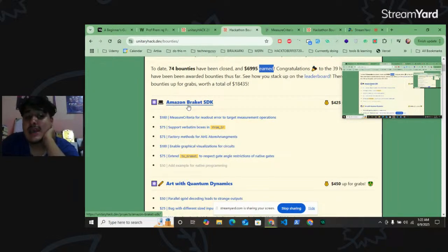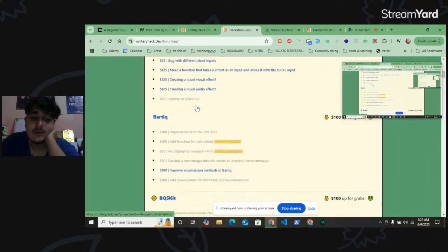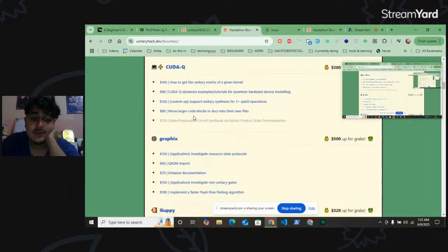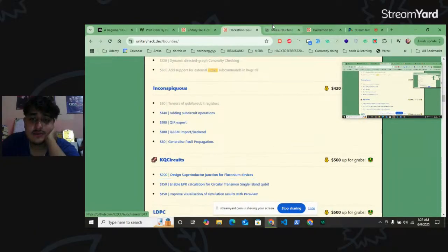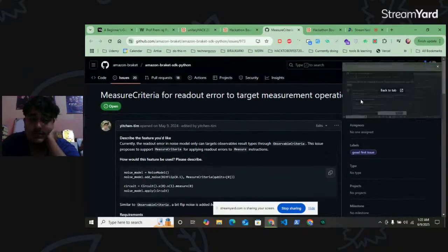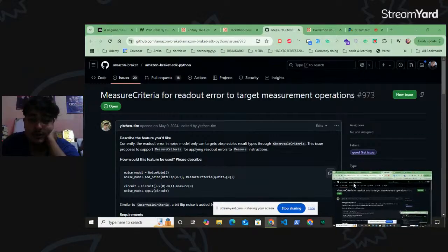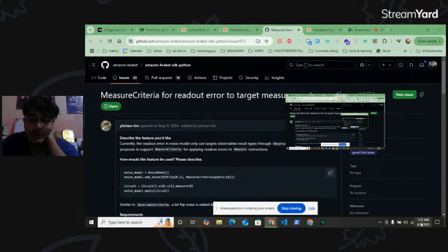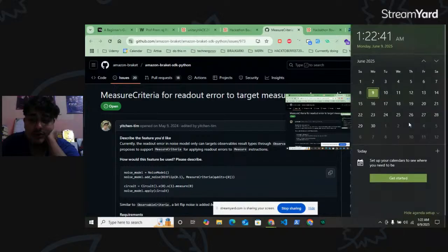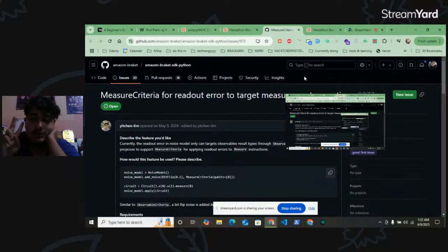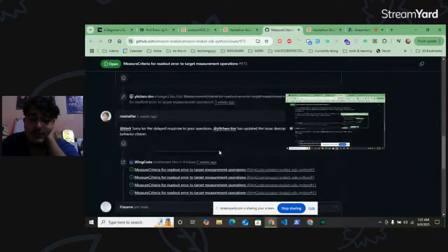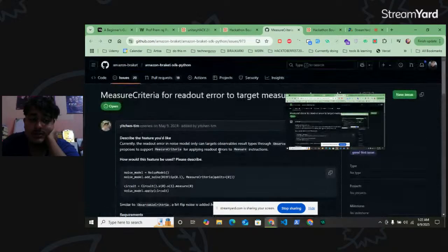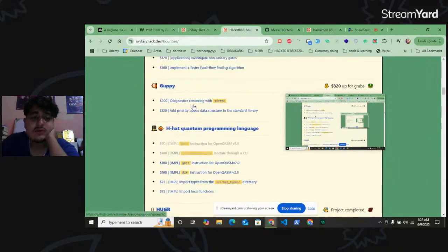This is from Amazon Braket, AWS, big companies are there, like $500 up to. This issue is still open. Today is June 9, and it will be open until June 11. In these 2 days, if you are able to complete this issue and solve it, then you will get around $100.